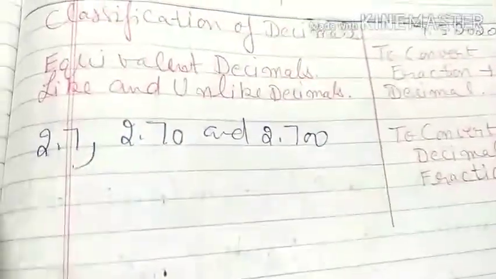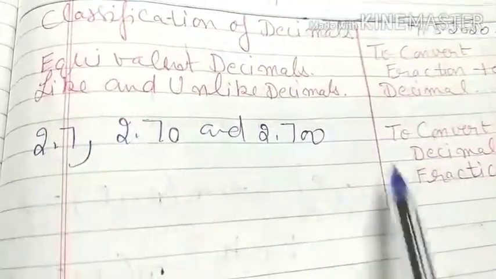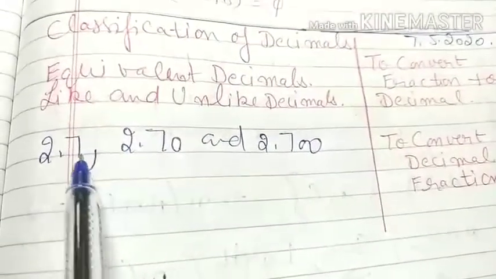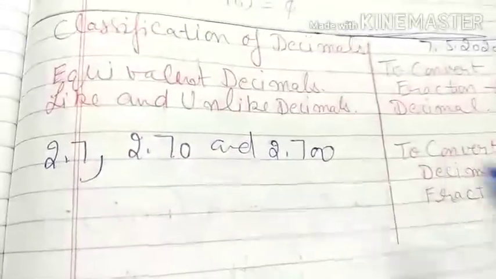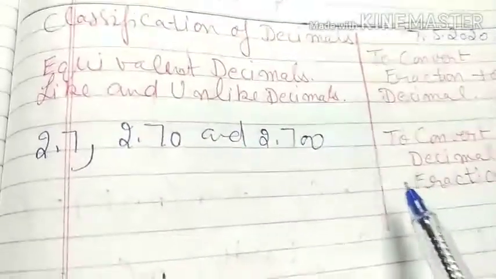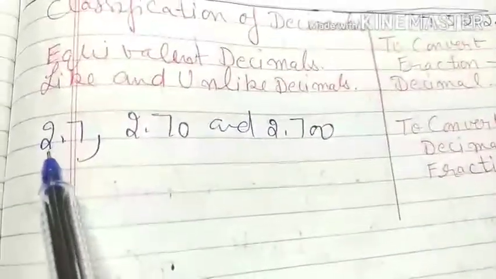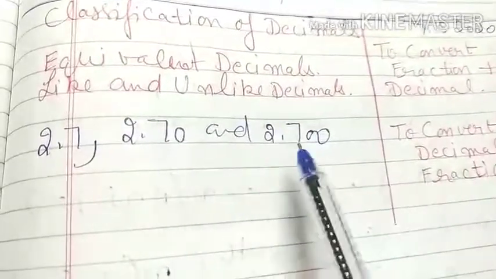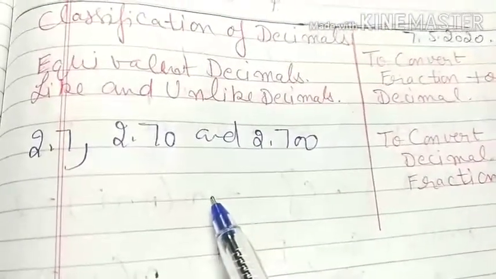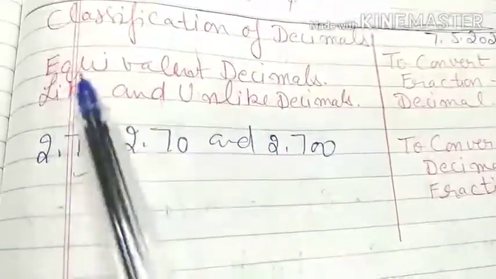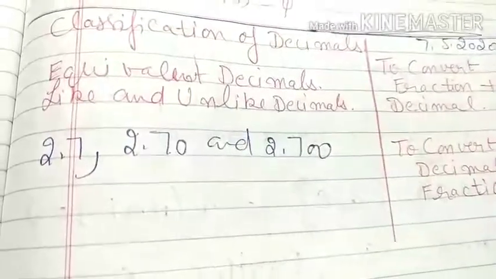If you look at these numbers, all are of the same type, because after the decimal point, if there is one numerical digit, we can put many zeros according to the condition. So 2.7, 2.70, 2.700 we call equivalent decimals, not equal, equivalent decimals.